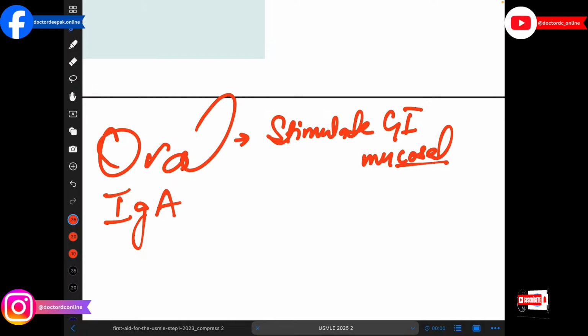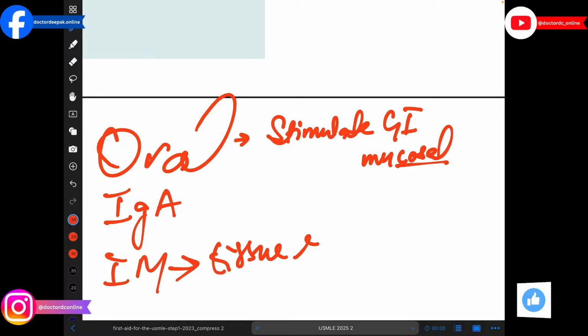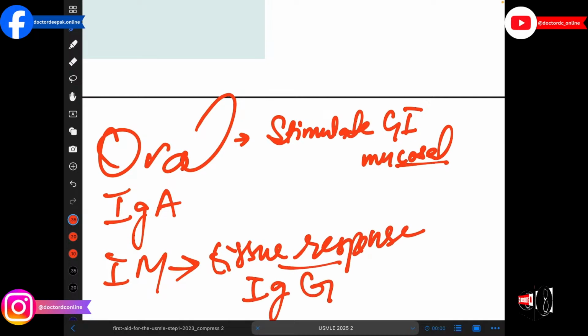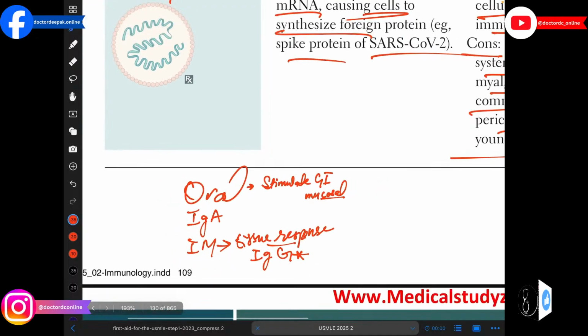For example, oral poliovirus and rotavirus. And if you are going intramuscular, then they will stimulate the systemic tissue response, and they are largely IgG. Okay, if you are giving any vaccine orally, it will give largely an IgA response. If you are giving any vaccine intramuscularly, it will give an IgG response.